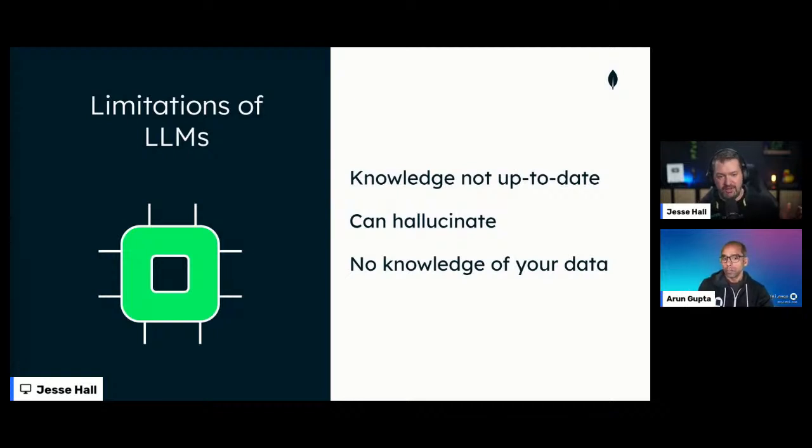I think the knowledge has been updated a bit, like what it was trained on, but there is a bit of a knowledge gap there. They can hallucinate. And here's the key thing: they don't know your data. They don't know the things that are in your database, the key things that you want to ask questions about, analytics and whatnot. It doesn't know that. And so how can we get over these limitations?